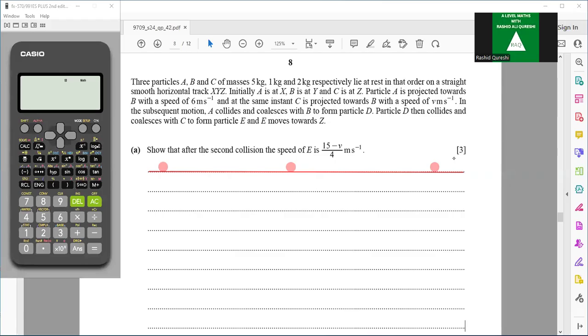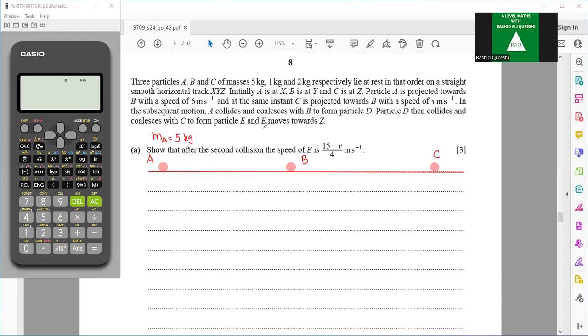Now we have the masses. The first ball is named A, the second ball is B, and the third ball is C. The mass of A, as given, is 5 kilograms.